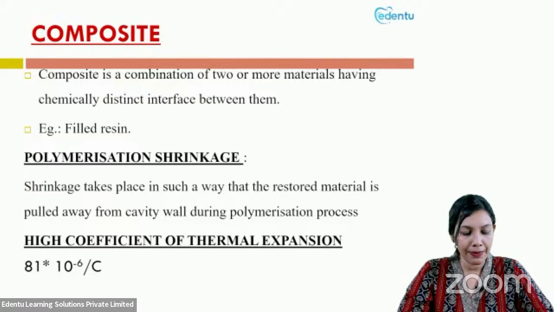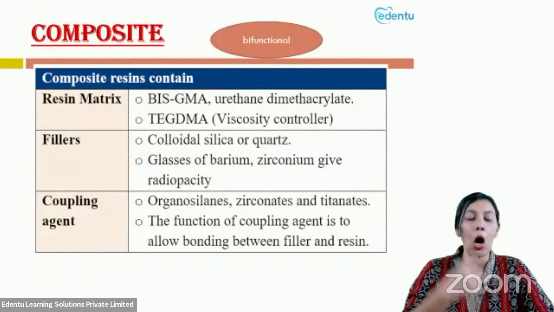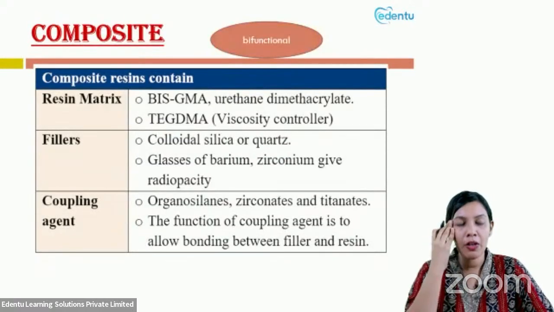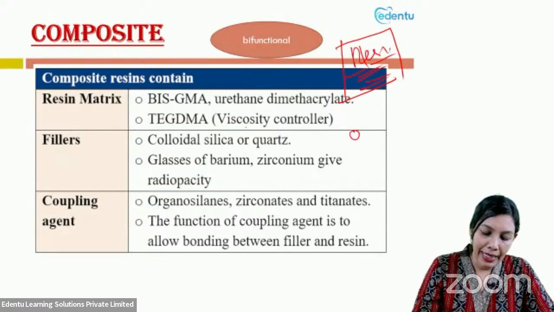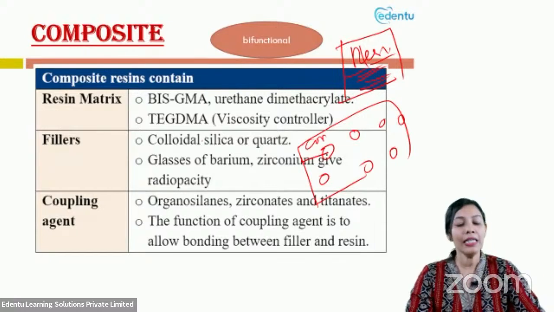Next is the composition of the composite. First of all, there is a continuous phase called resin. Inside that, there are small particles called filler particles. And the resin and filler particles are connected by the coupling agent.